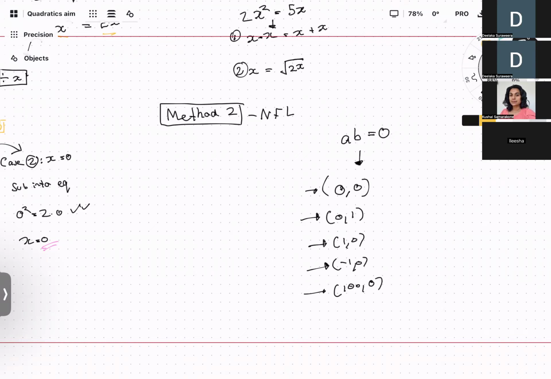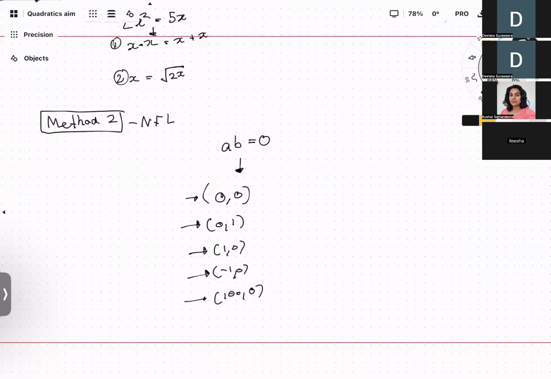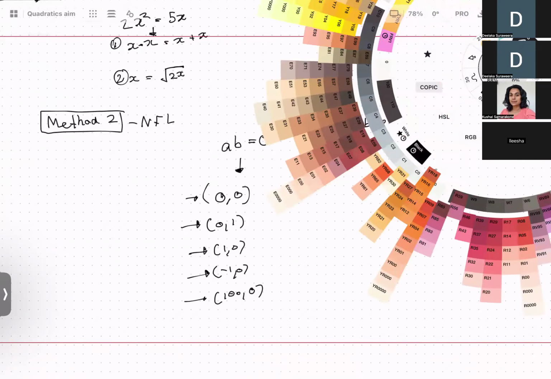Okay, it's like infinite, there's infinitely many solutions. But what's special about all of them? There's zero. Yeah, there's at least one zero. And that is the key. So what this means is either A equals 0 or B equals 0. And this is called null factor law.